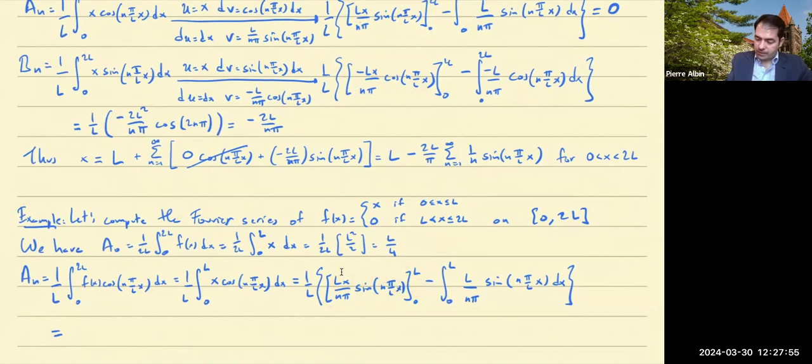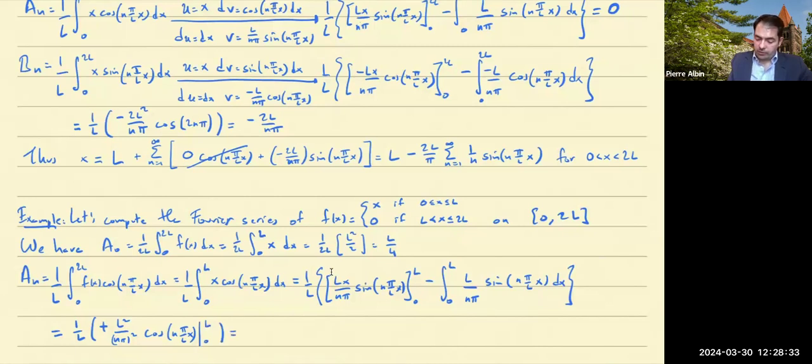So what we get is 1 over L, and then we have minus L squared over n pi squared. And actually, when I integrate the sine, I get minus cosine, so that makes this a plus. I end up with cosine n pi over L x evaluated between 0 and L.